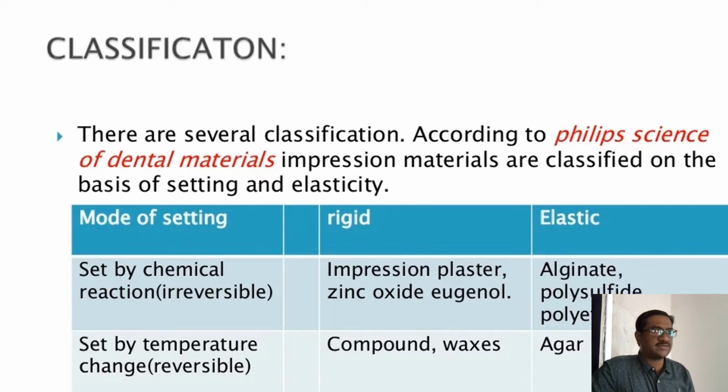And one more classification, depending upon the temperature change. So once again impression materials are classified into chemically set and thermally set.